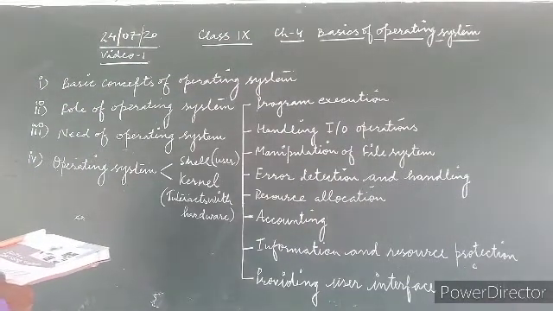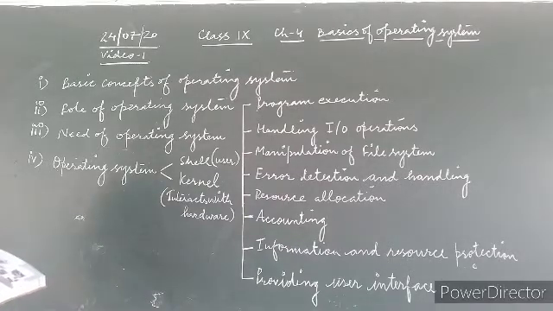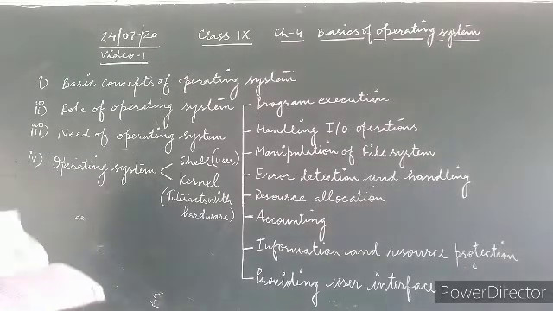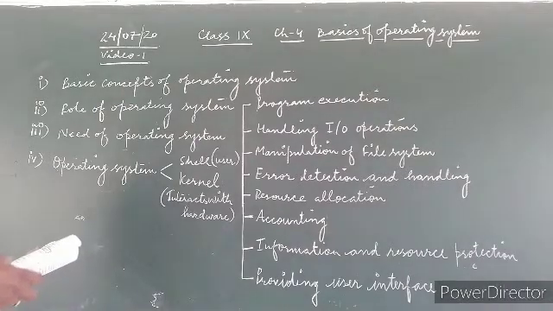Major components of a computer system are the hardware, the operating system, the application programs, and the human being, the user.